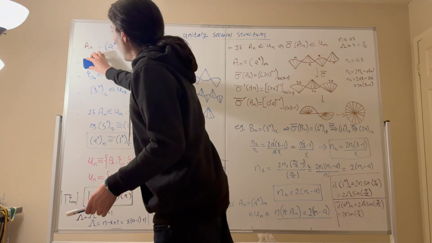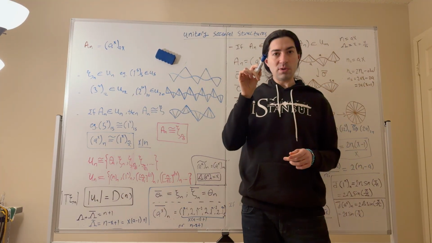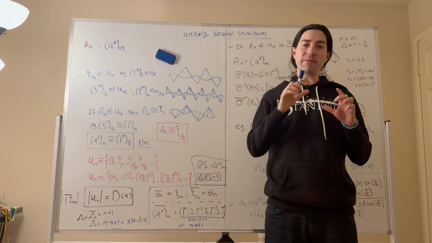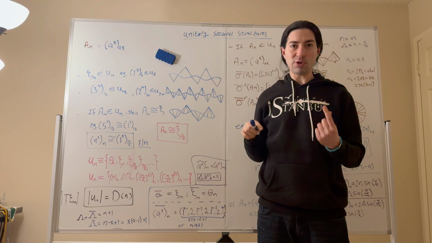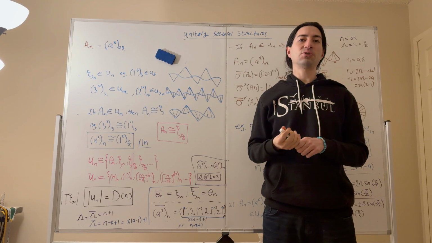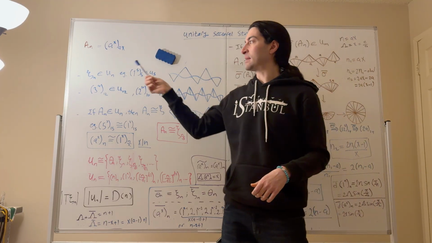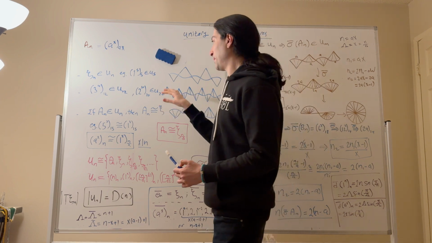Similarly, we've also seen the xi structures, which have the form 1 to the n subscript n. These are made of n repeating units, each of which has a weight of 1. So the xi structures are also unitary structures. We say xi n belongs to U n.